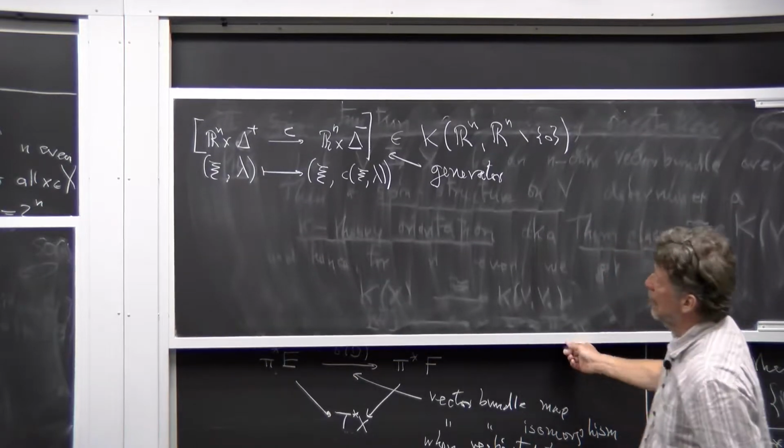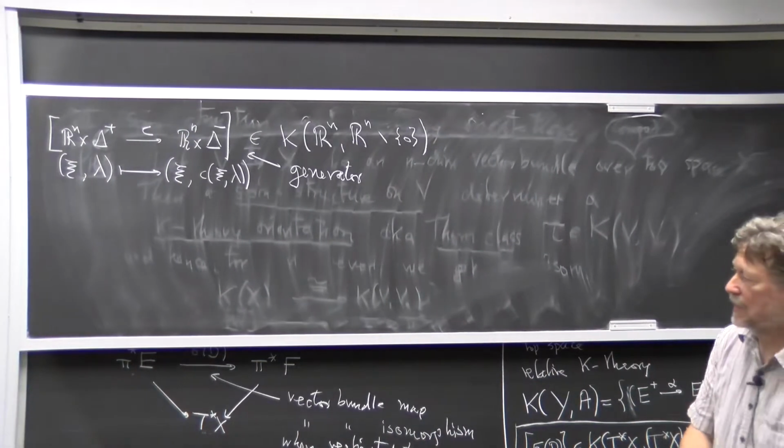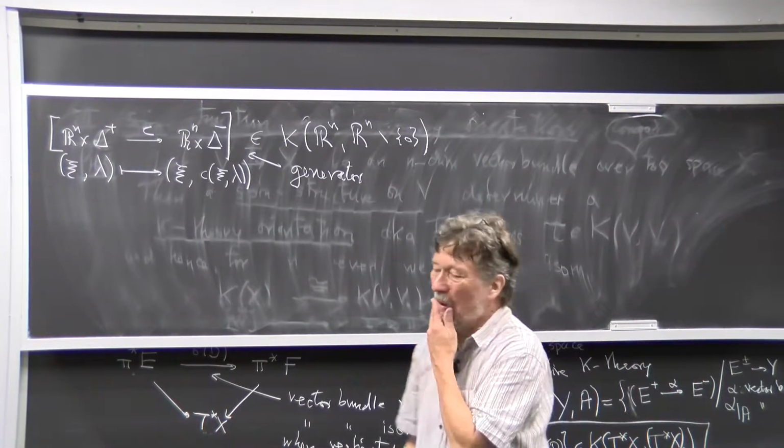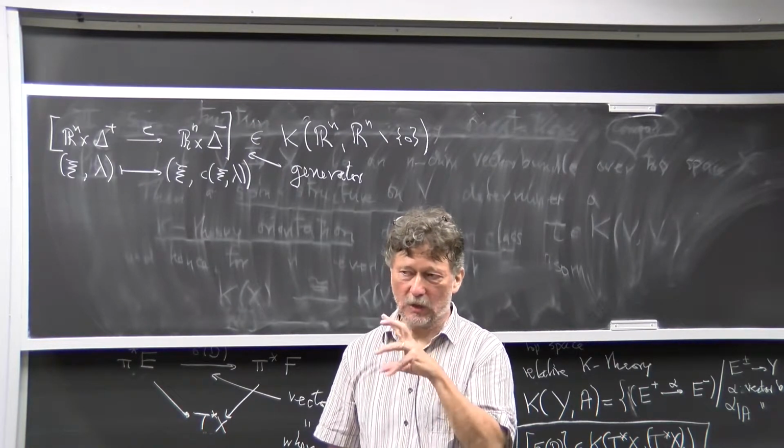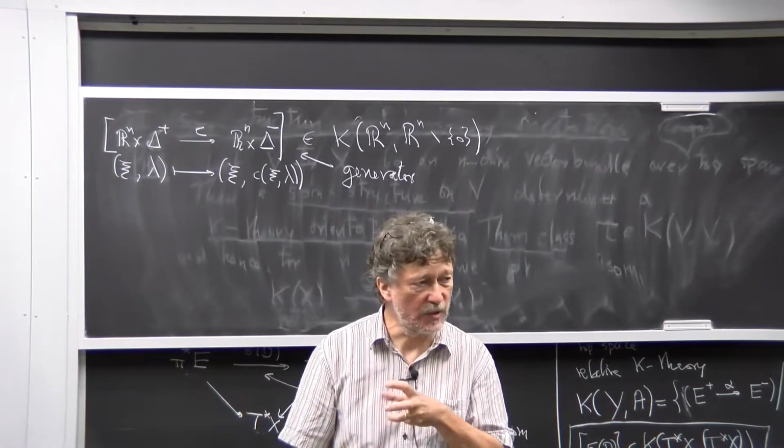Okay. All right, so what does this Spin(n) equivariant mean? Well, I'm going to give you a different construction of the group Spin(n) in terms of Clifford algebras.